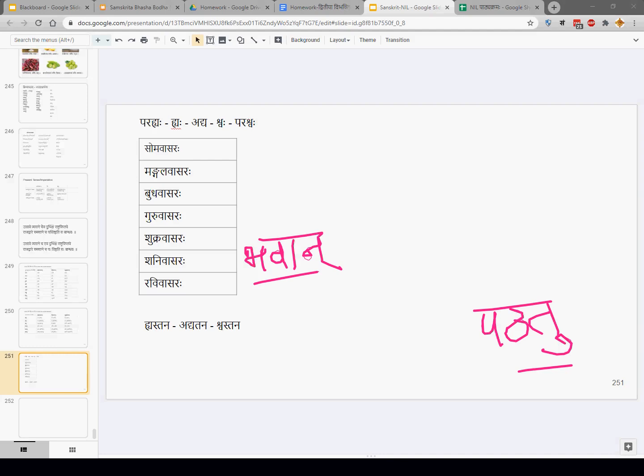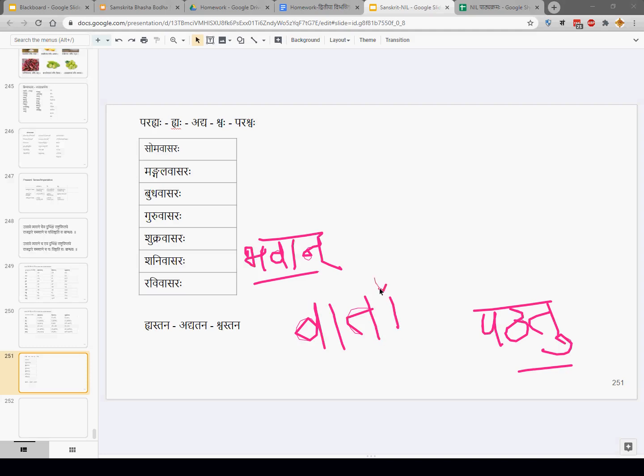So now the question comes, what are we asking him to read? News. What is the word for news? Varta.